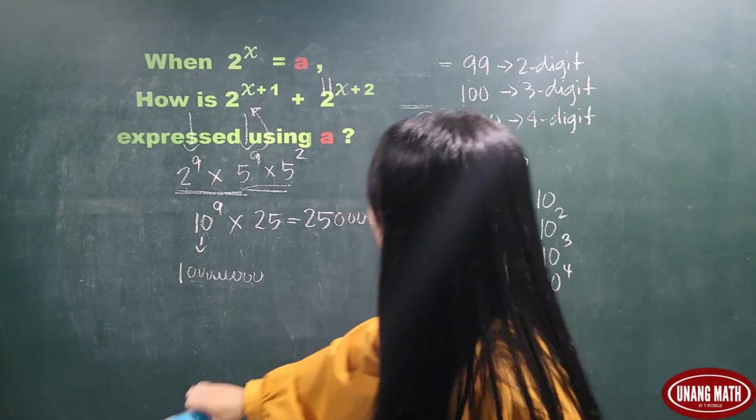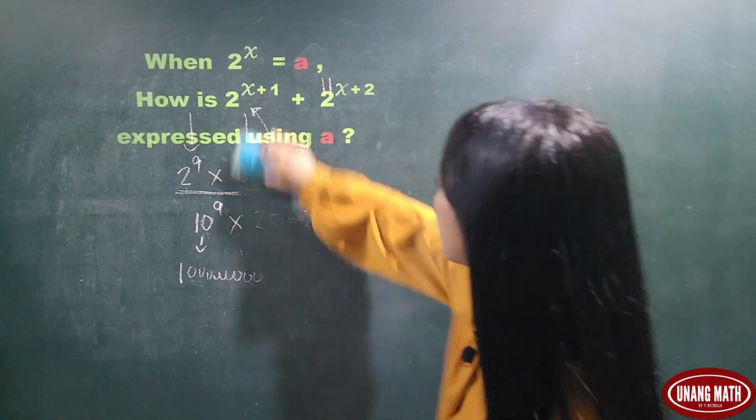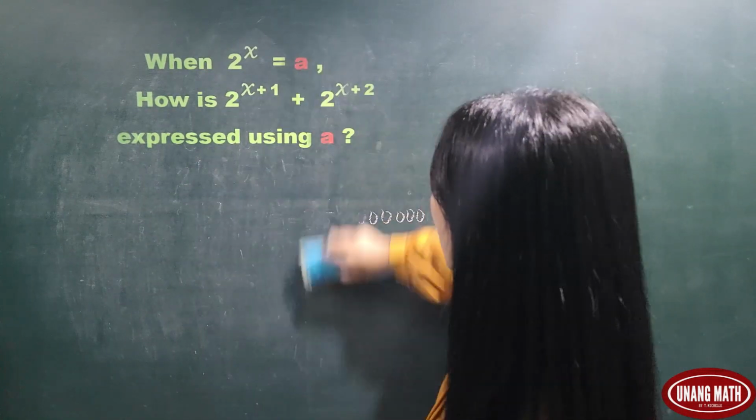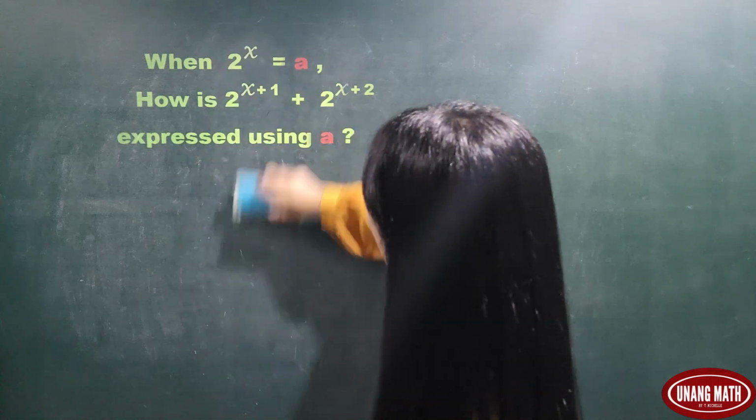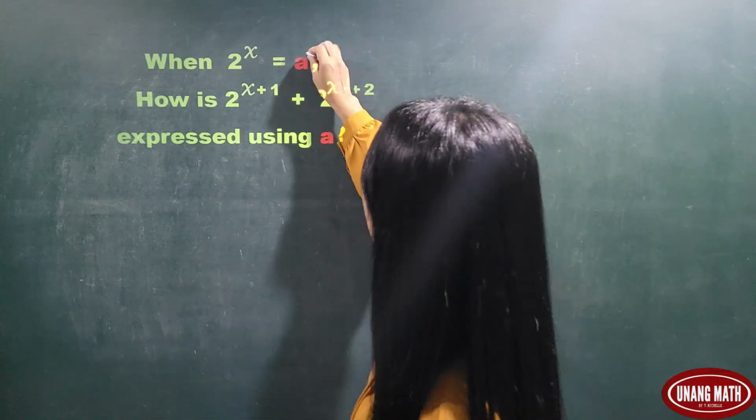Now let's answer the following problems. The first one is when 2 raised to the power of x is equal to variable a.